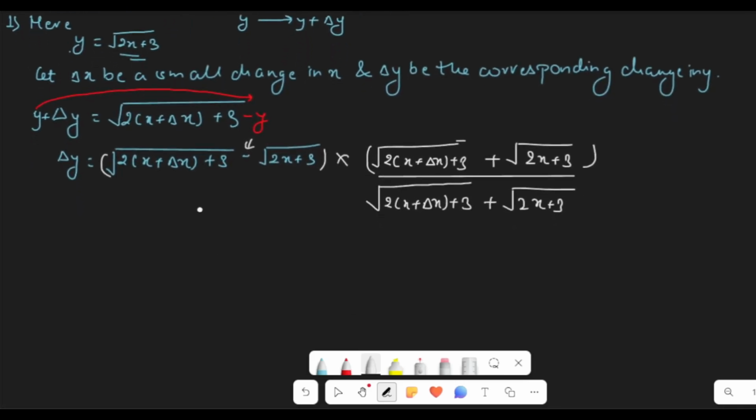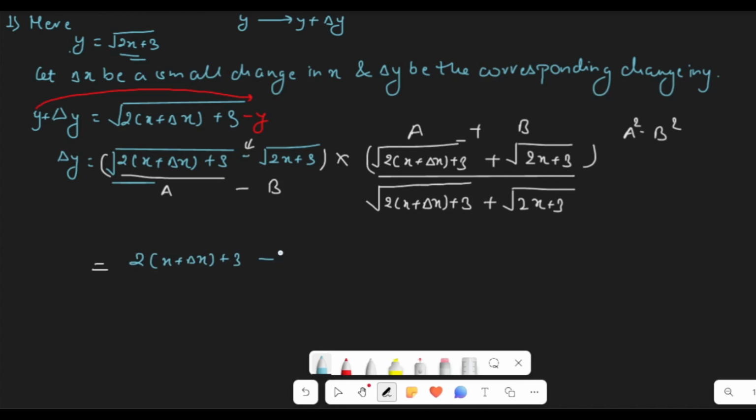Now we multiply these two. This is a minus b, this is a plus b, which is equal to a square minus b square. Therefore, a square means this term is squared, that is, the root will be cancelled out, so we are left with this term.